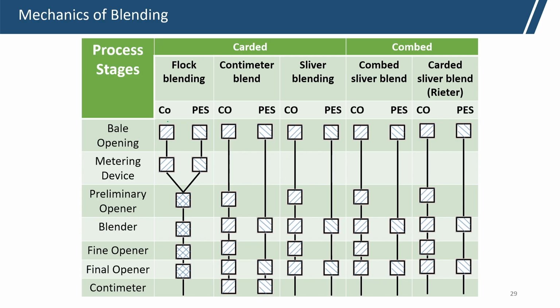Cotton and polyester are processed in bale opening separately. Separately we open the fibers, then they go through the metering devices where the fibers are weighed separately. Cotton and polyester fibers are weighed separately, and then they are mixed.